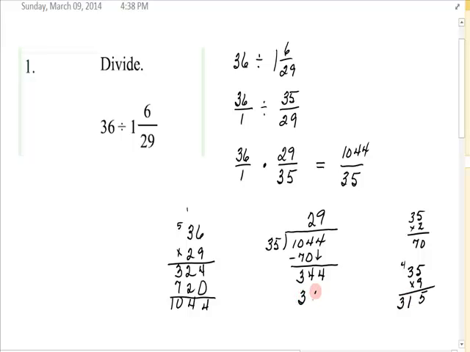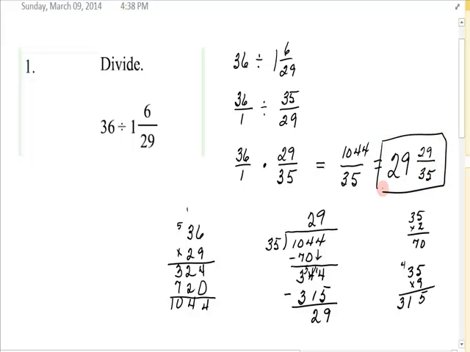So that's 315. It's time to subtract. I have to borrow. That's going to be 9. 1 from 3 is 2. My answer is whole number 29, and the remainder is also 29 over 35.